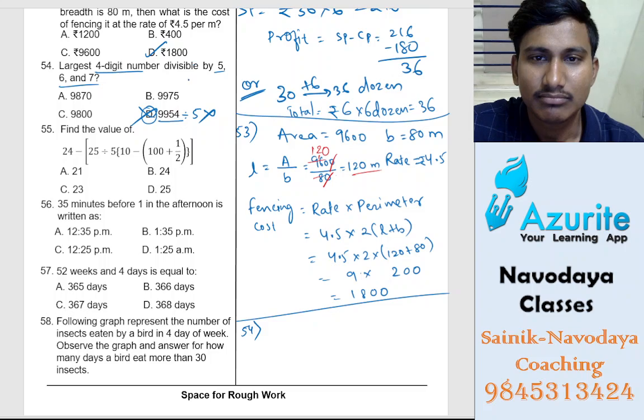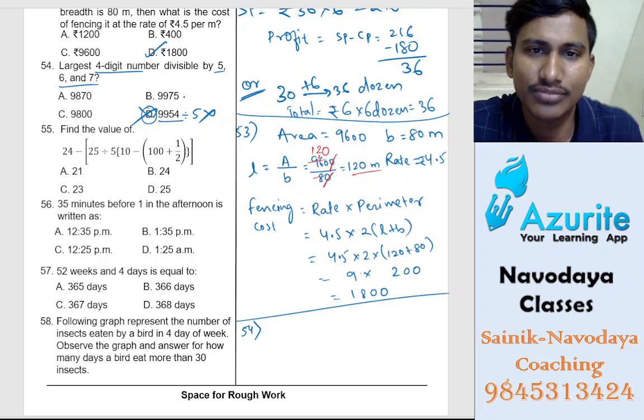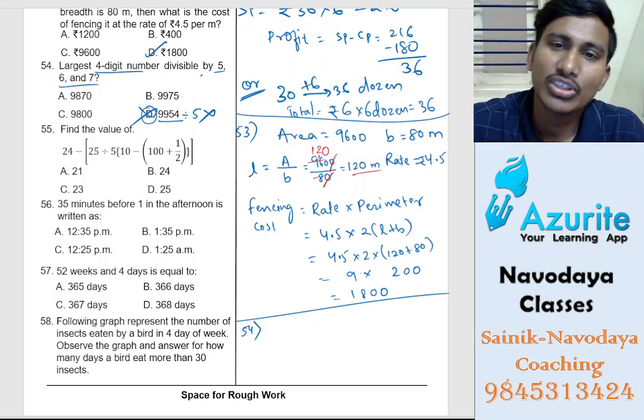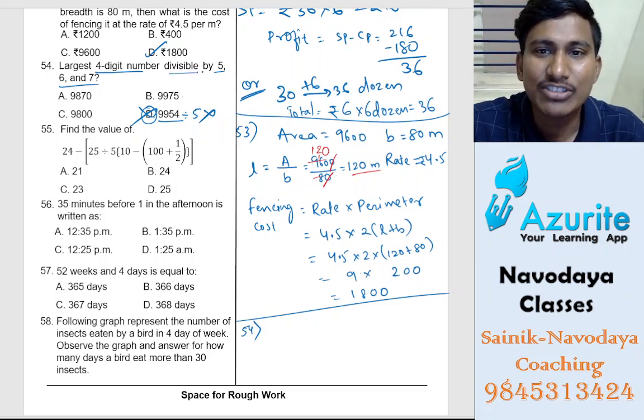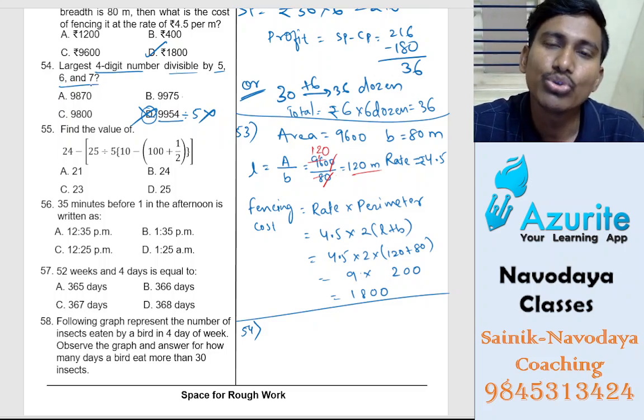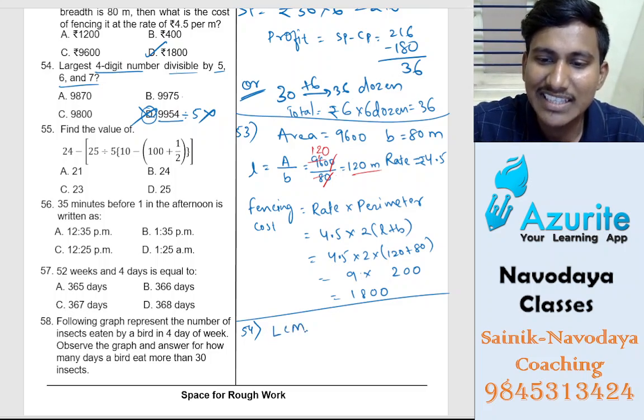You check it. If you want, you can divide it, or you can apply the divisibility rule of 7. Or one more shortcut: if it is largest divisible by 5, 6, 7, you should take the LCM of 5, 6, 7.